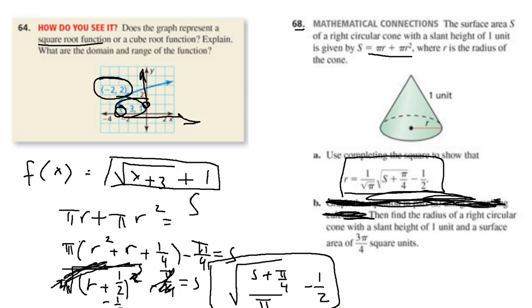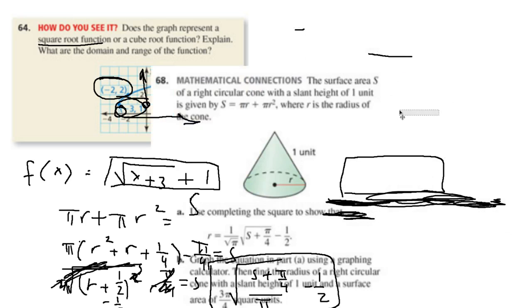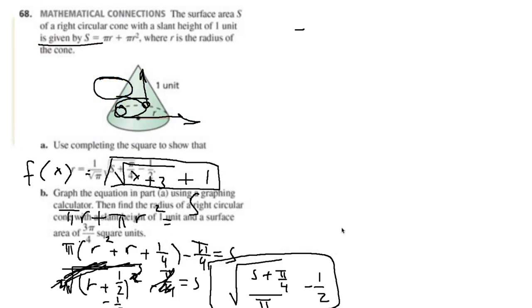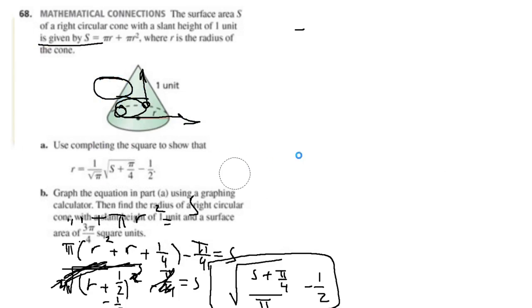So we'll bring it back up right here. Oh god, I made a mess. So we'll take this: S plus pi over 4, and we have to get this: S plus pi over 4 over pi, minus 1/2.